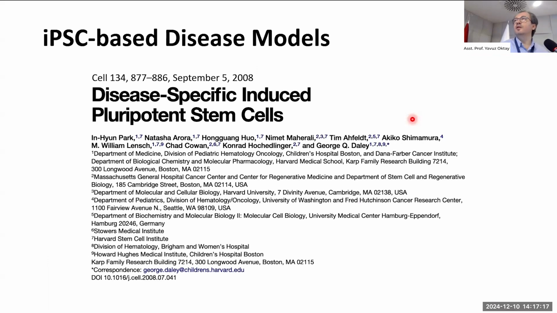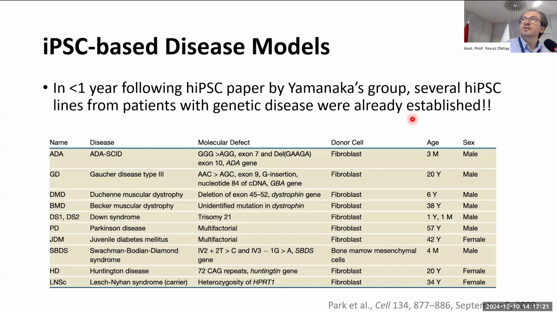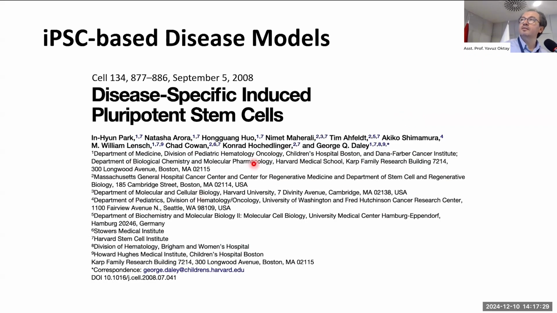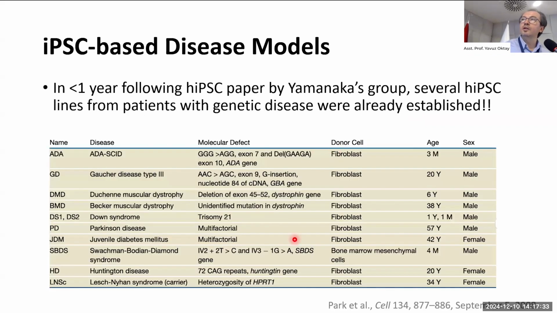Many other studies followed. I don't want to mention every single one here. It will take too much time. But I put this one also because it is from 2008, and already just one group, George Daley from Harvard, had published all these lines from different diseases. Many of them are genetic diseases, well, monogenic diseases.